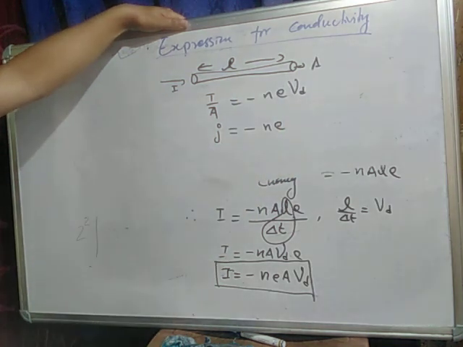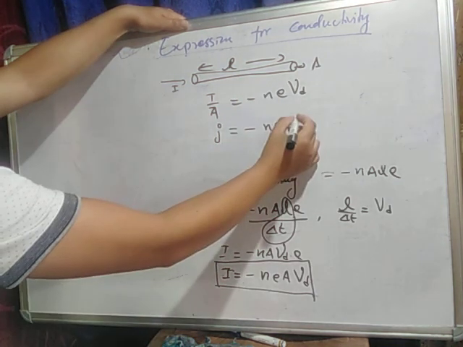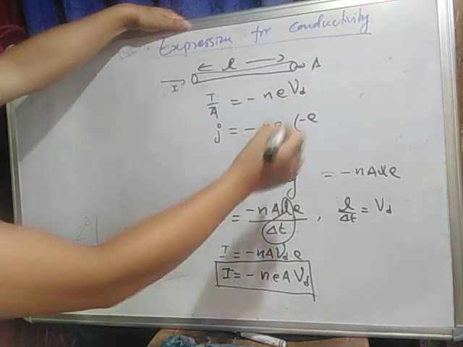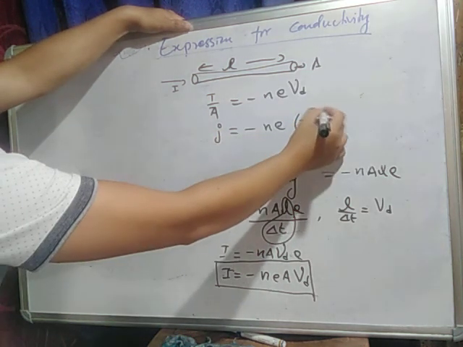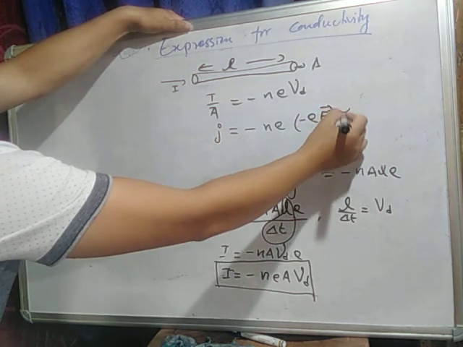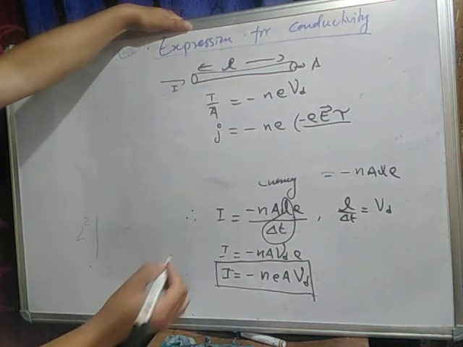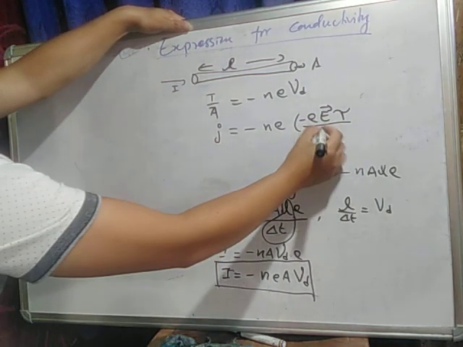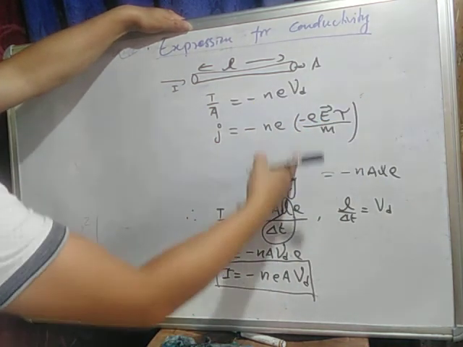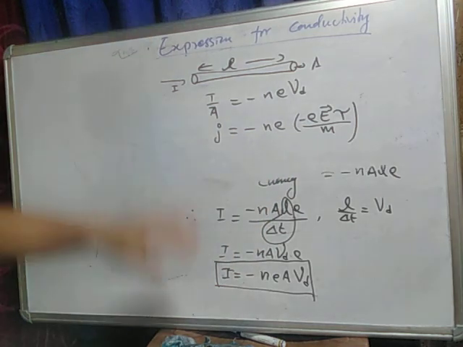What was v_d that we found earlier? So v_d is your minus e E tau by m, isn't it? In place of v_d we place this one, right?